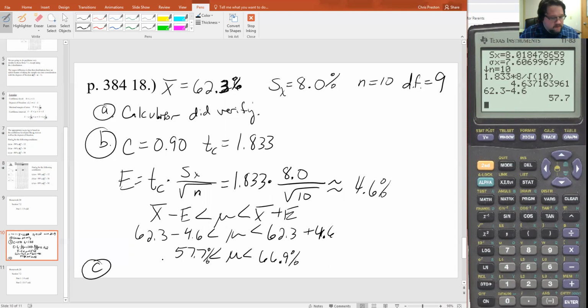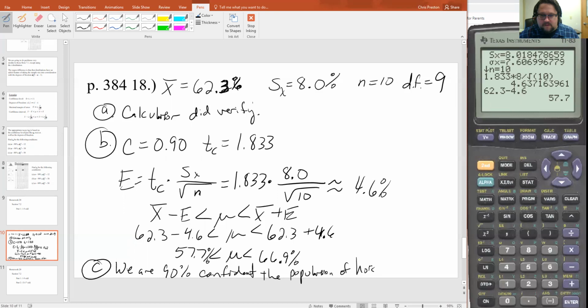And then C, interpret it. All these interpretations are basically the same. What does this confidence interval mean in the context of this problem? We are 90% confident the population mean of hospitals providing charity care is in this interval.